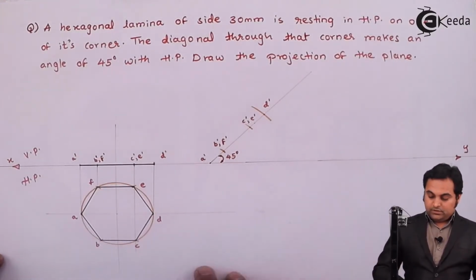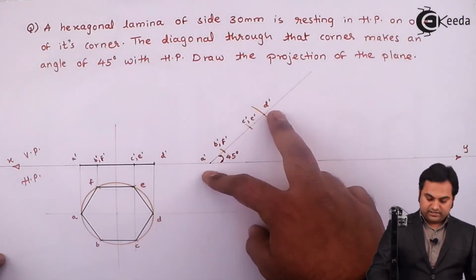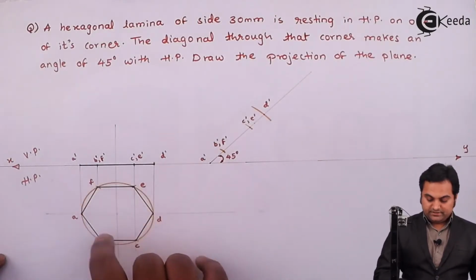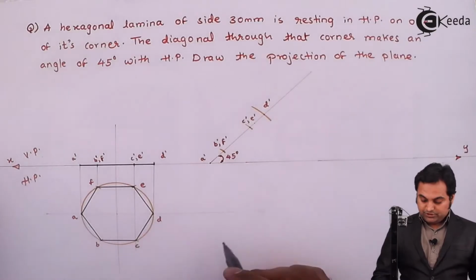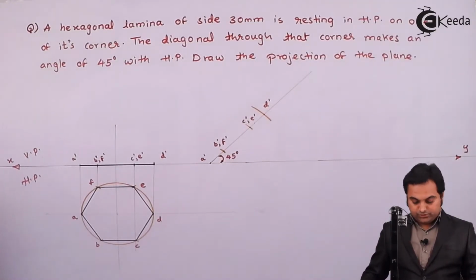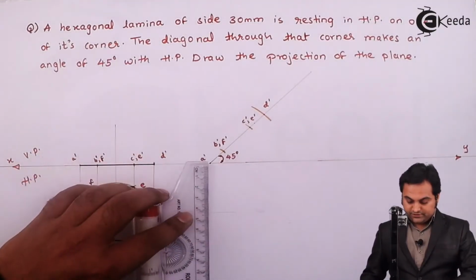Next, once this plane has become inclined, the shape of the hexagon won't remain same, it will change. That change we have to show here. So projecting point A dash downwards to draw the top view of this hexagon.